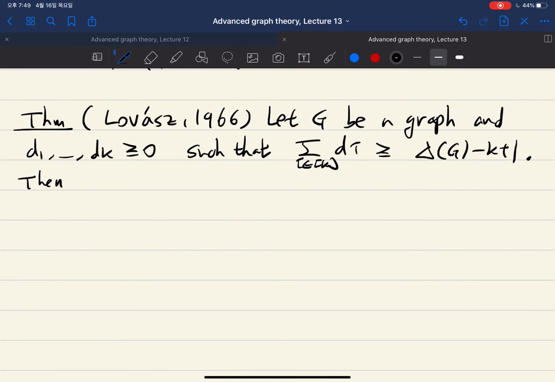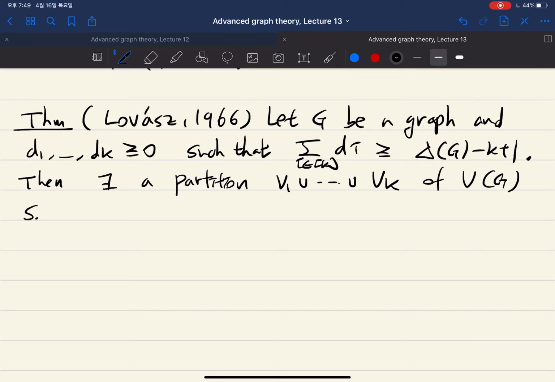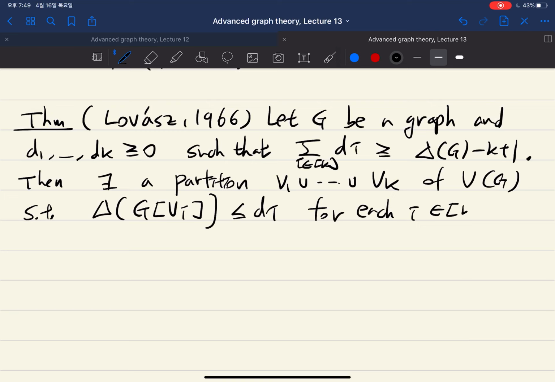Then there exists a partition V_1 to V_k of V(G) such that in each color class the maximum degree is bounded by d_i for all i.